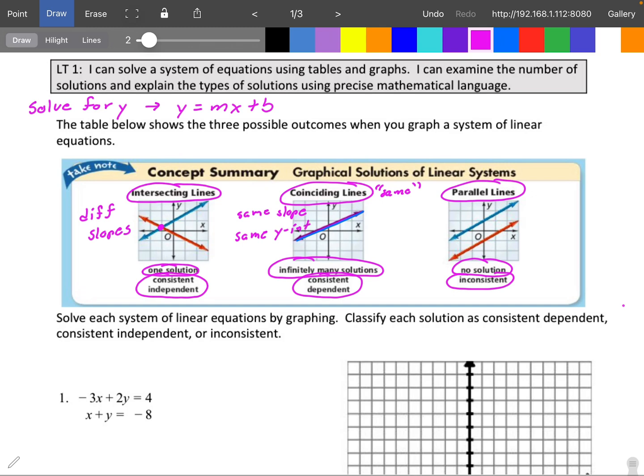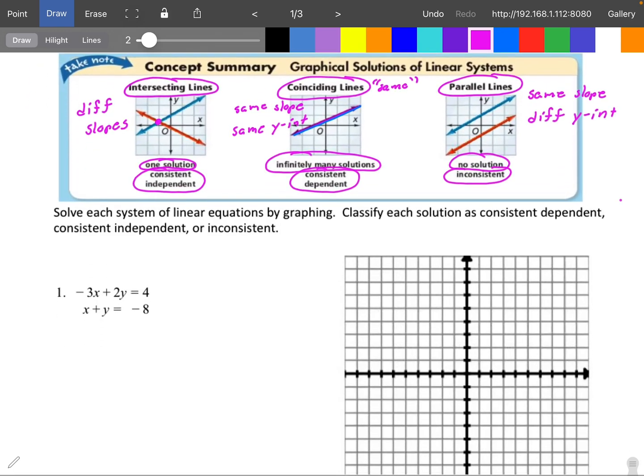If you have parallel lines, they're going to have the same slope. However, they're going to have different y-intercepts. So once you get those lines in slope-intercept form, that y equals mx plus b, you can kind of tell right there what you're going to have, but you're still going to be asked to graph.